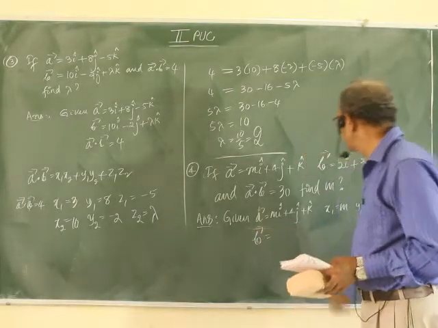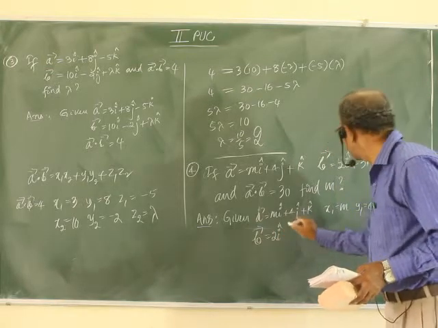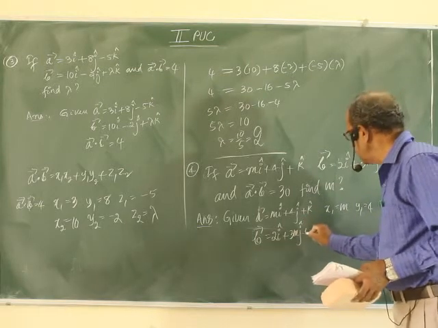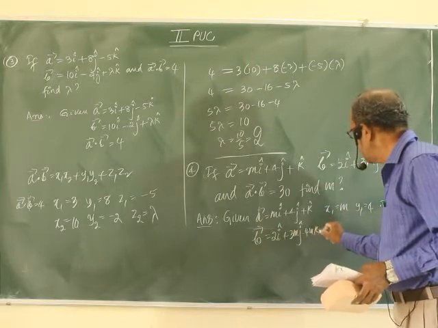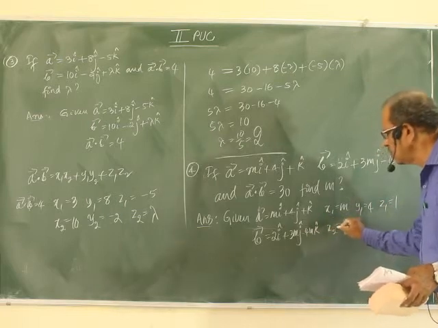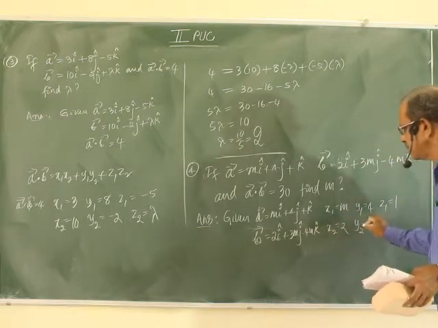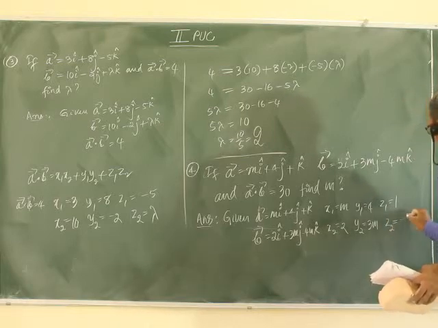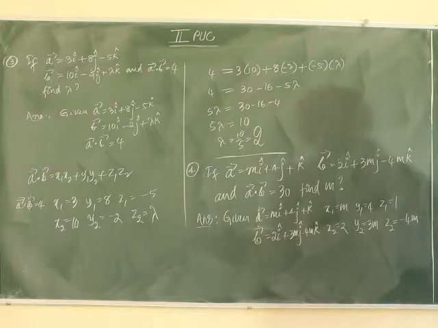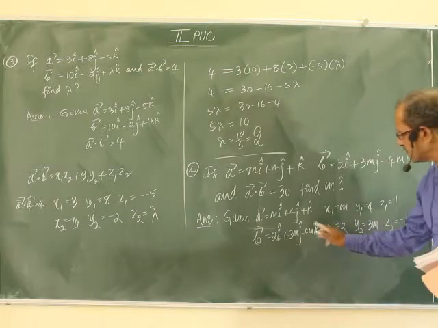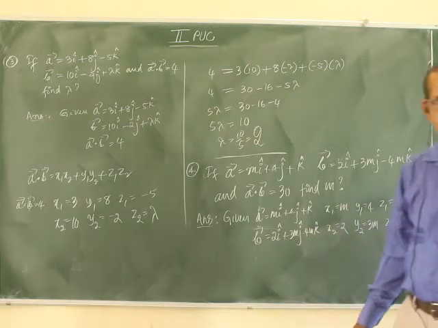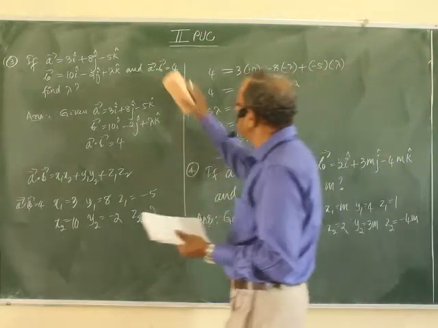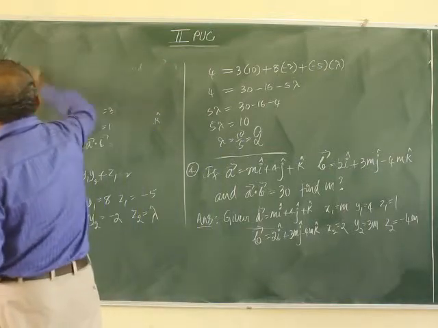B equal to 2i plus 3mj minus 4mk. x2 is 2, y2 is 3m, z2 is minus 4m. The coefficient of k should be written as minus 4m, not only m. Yes, now A dot B equal to, write the formula and substitution.